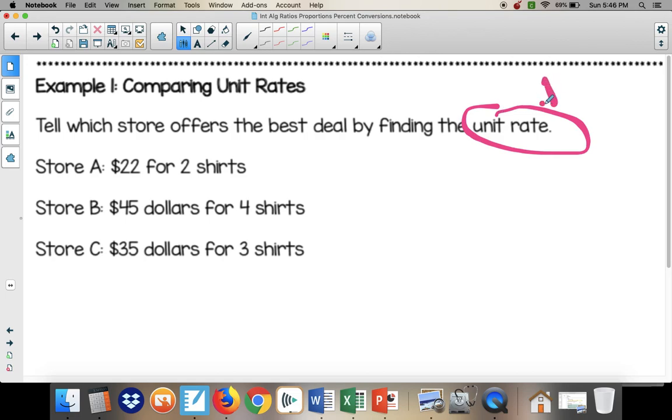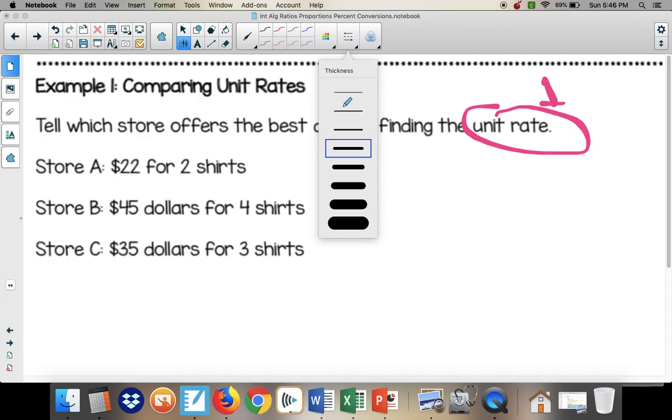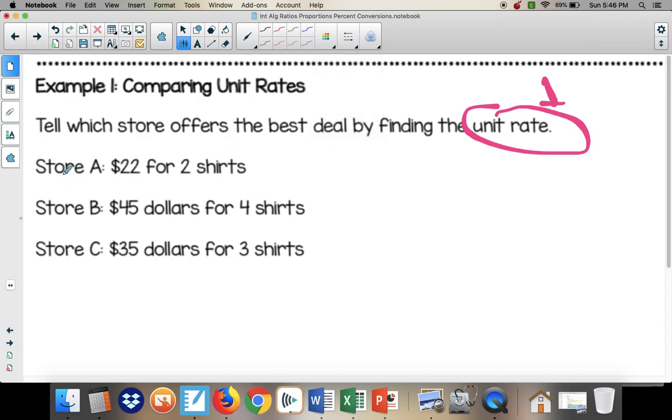So this is per one item. Okay. So if I'm looking at store A, it says $22 for 2 shirts. So I'm going to take 22 and I am going to divide it by 2. Now bear with me, I am writing with the mouse here. So this is going to be $11 per 1 shirt.